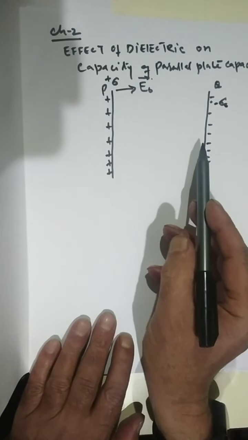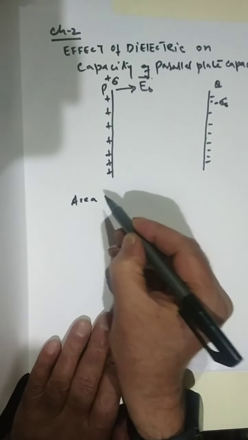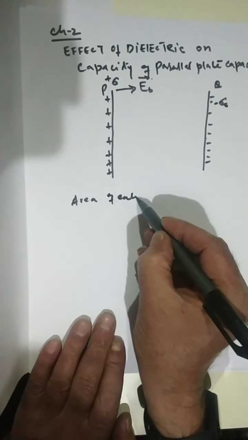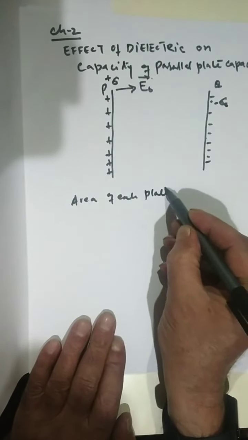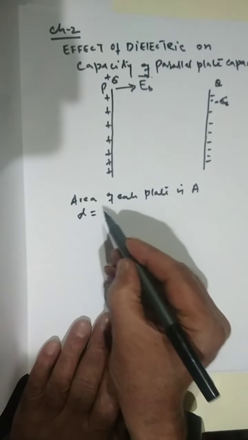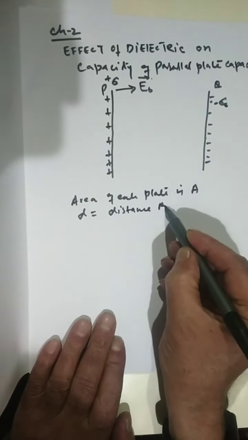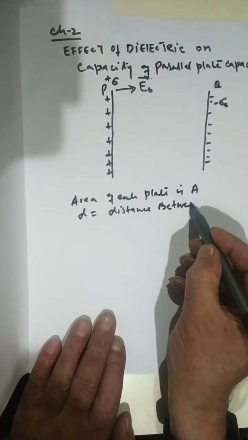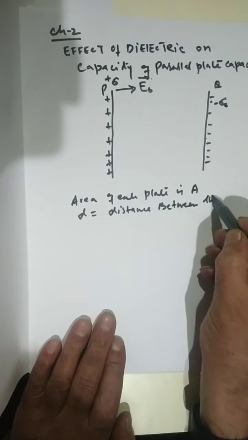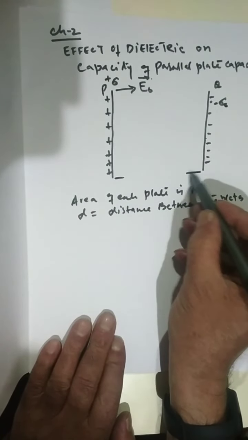these two plates. Assuming that area of each plate is A and D is the distance between the plates. This is the distance between.